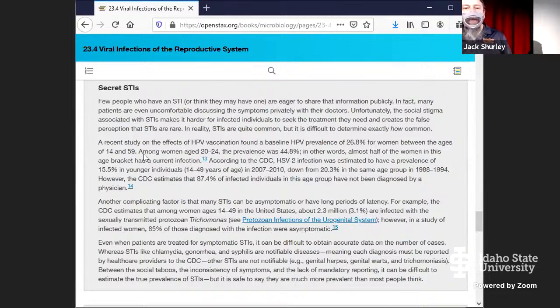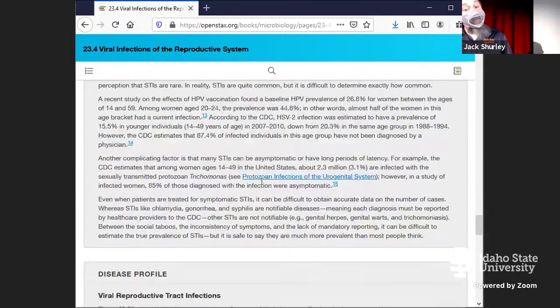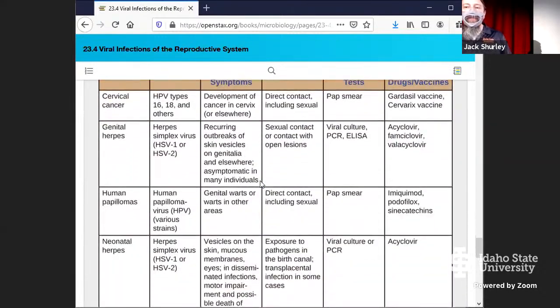That's a little bit concerning. Women aged 20 to 24, prevalence at 44%. That's also disturbing. In these circumstances, a number have probably no idea that they're infected in the first place, right? So definitely something I feel should be on your radar.